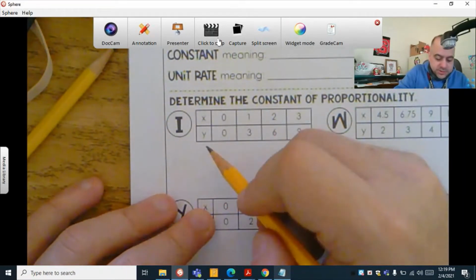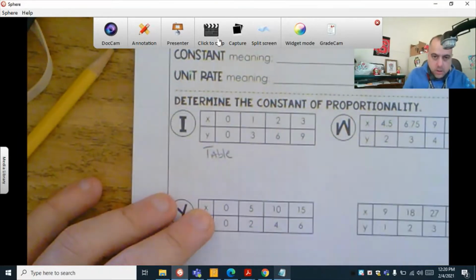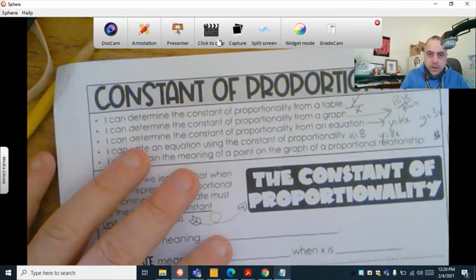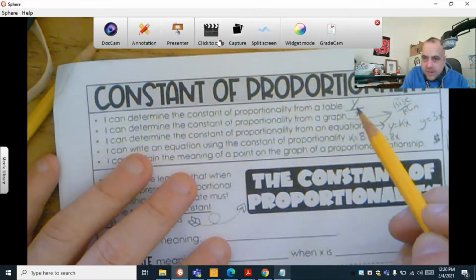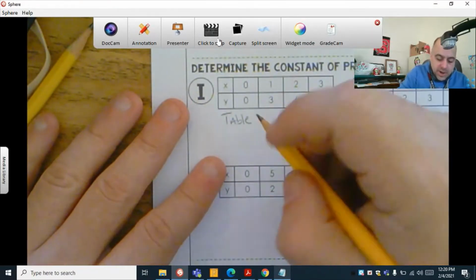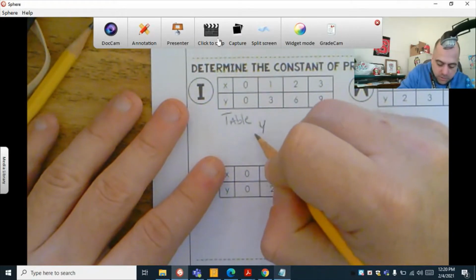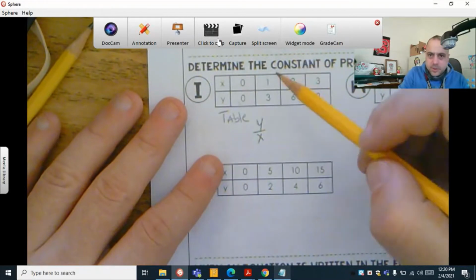These are tables. If we go up here to what we wrote down earlier, to find it from a table, you just take the y and divide it by the x. So we're going to do y divided by x.